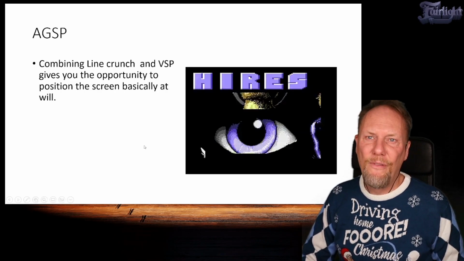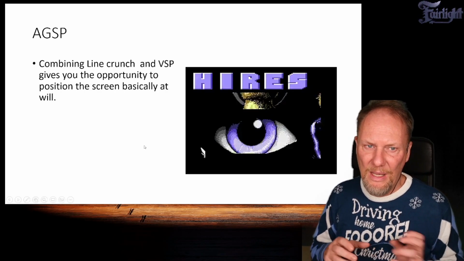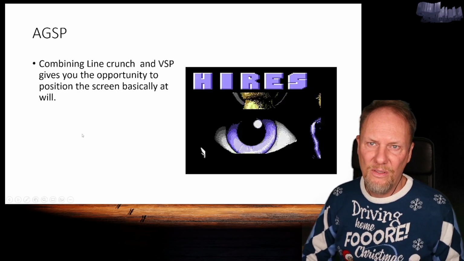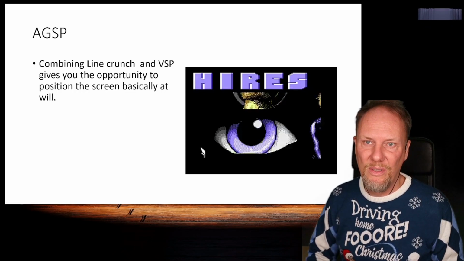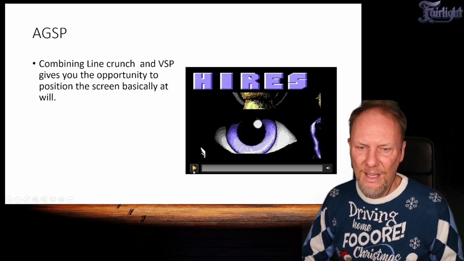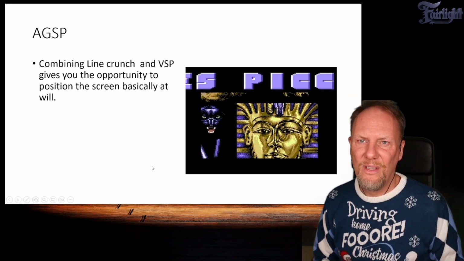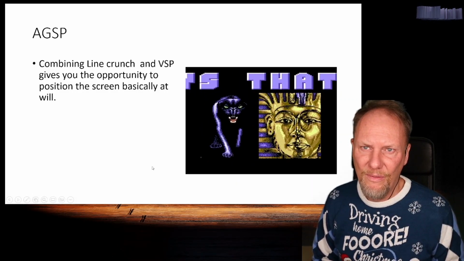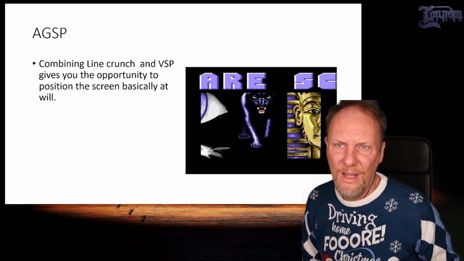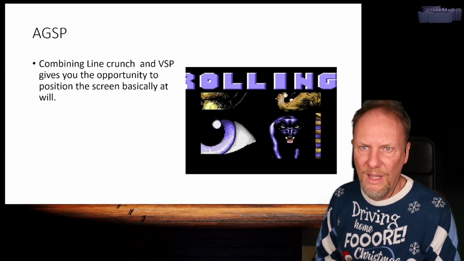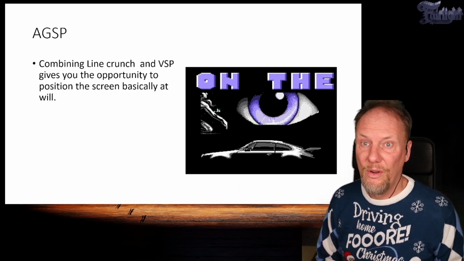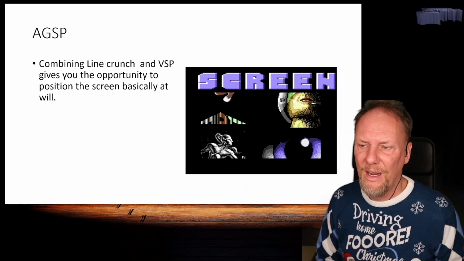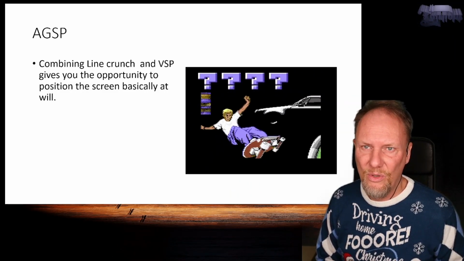Okay, and if you combine VSP with line crunch, you get something called any given screen position, AGSP, and this is the first instance where we've seen this. So this is Bonanza by MDT. MDT is Exilon and Boogaloo, who will later join Horizon.